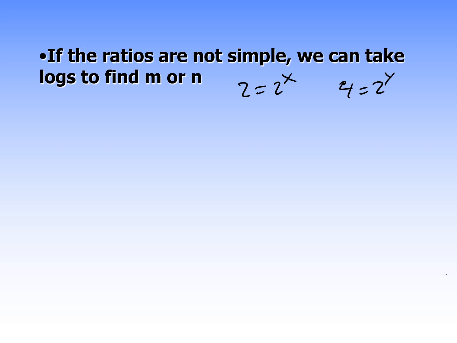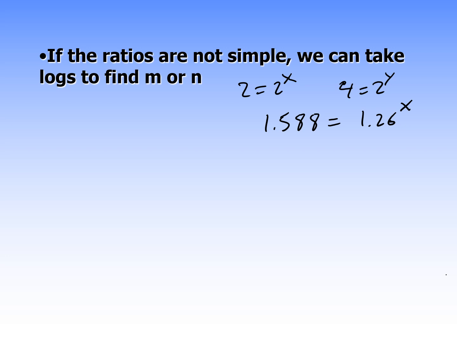But what if it was something crazy, like this? I would think that this would be a much harder exponent to determine. I don't know about you, I can't just figure it out.